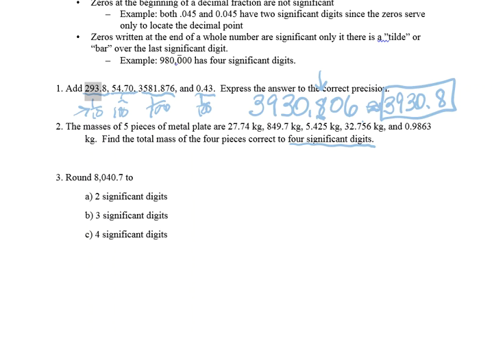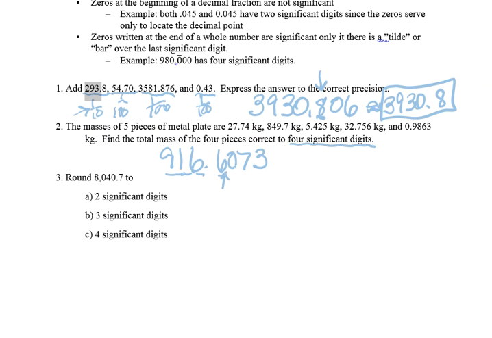27.74 plus 849.7 plus 5.425 plus 32.756 plus 0.9863. When I got done adding, I got 916.6073. For 4 significant digits, start on the left and count in 4 numbers: 1, 2, 3, 4. So we want to round to this number.